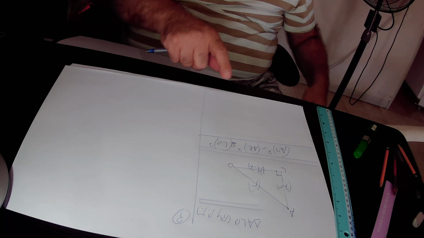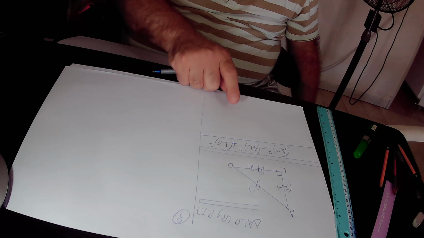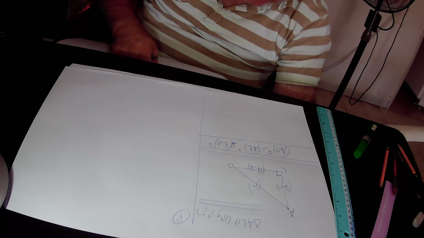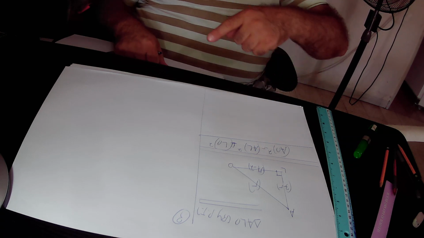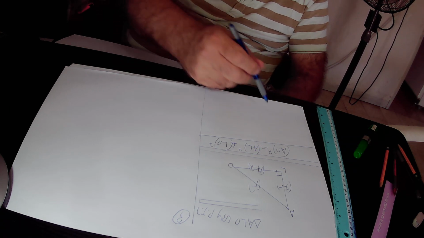So AO squared equals AL squared plus LO squared. AO is R, therefore AO squared is R squared.